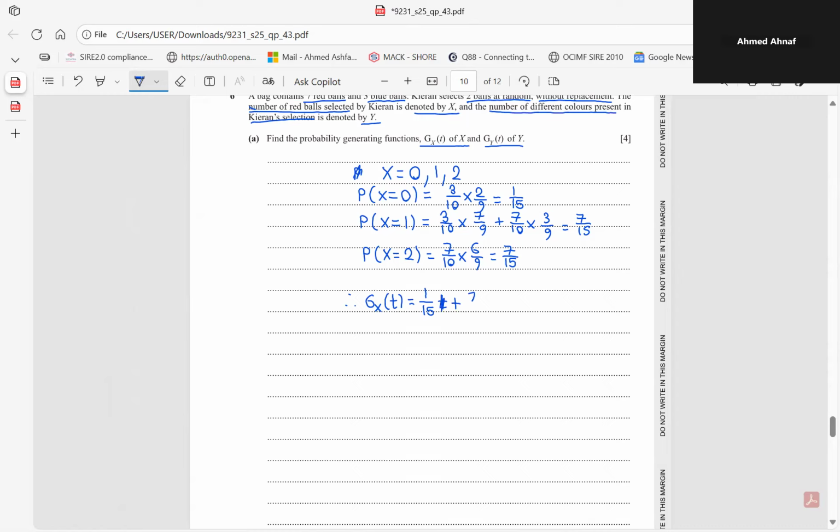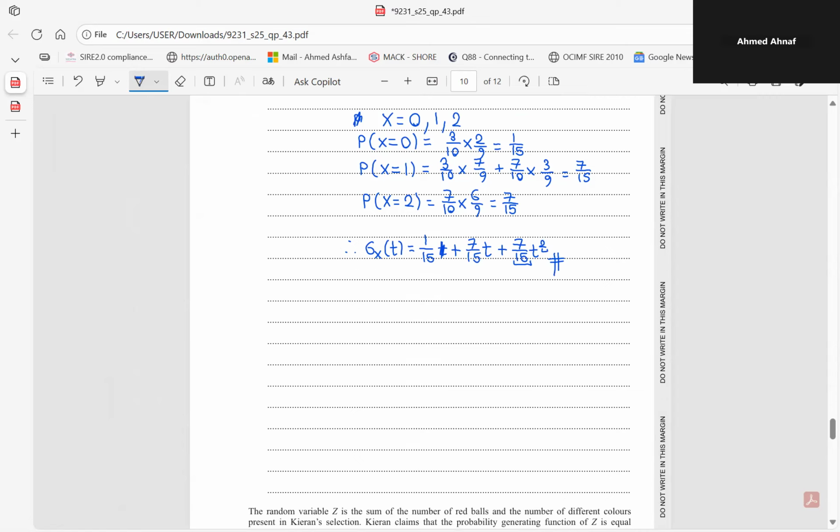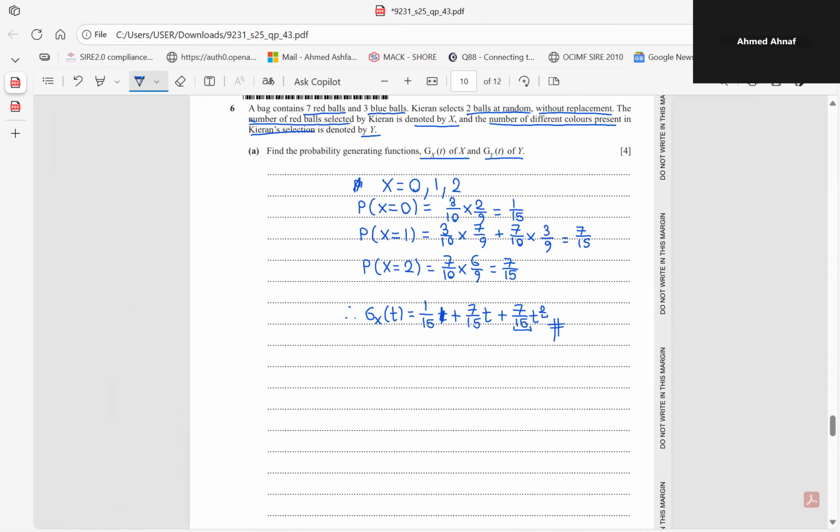And then for the probability of X equals 1, that's 7/15 times t to the power of 1, plus 7/15 times t to the power of 2, which is the probability of when X equals 2. Yeah, so this is how you form a probability generating function. So this is the one for X.